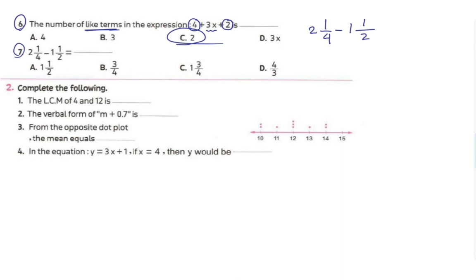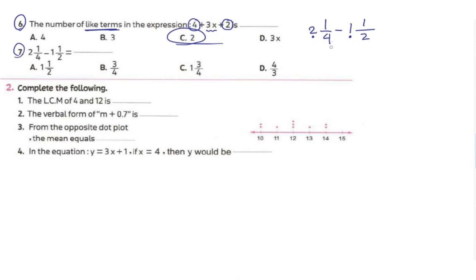To solve this question, first we have whole number and whole number. 2 minus 1 is okay, equals 1, no problem. But before you subtract 1 from 2, try to subtract a half from a fourth. May I subtract 4 minus 2?